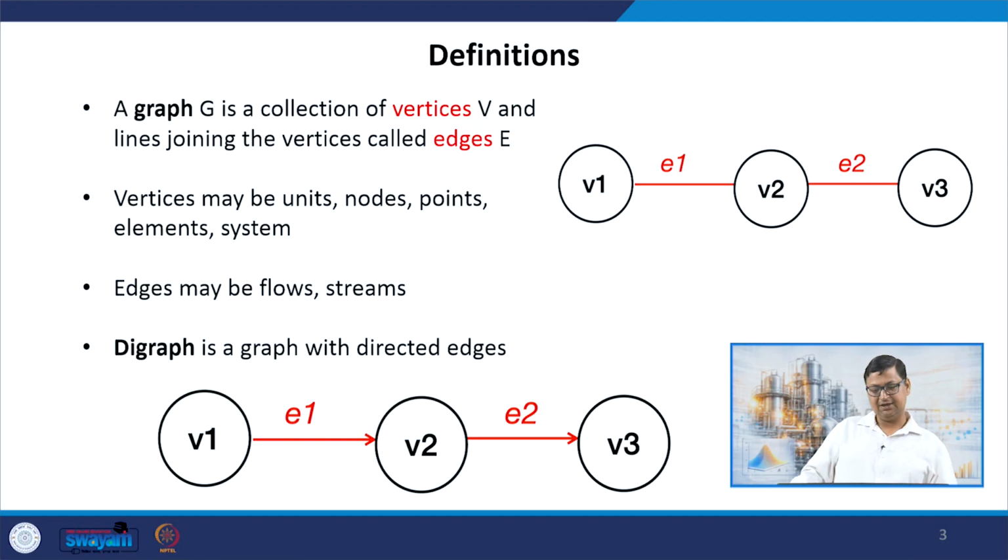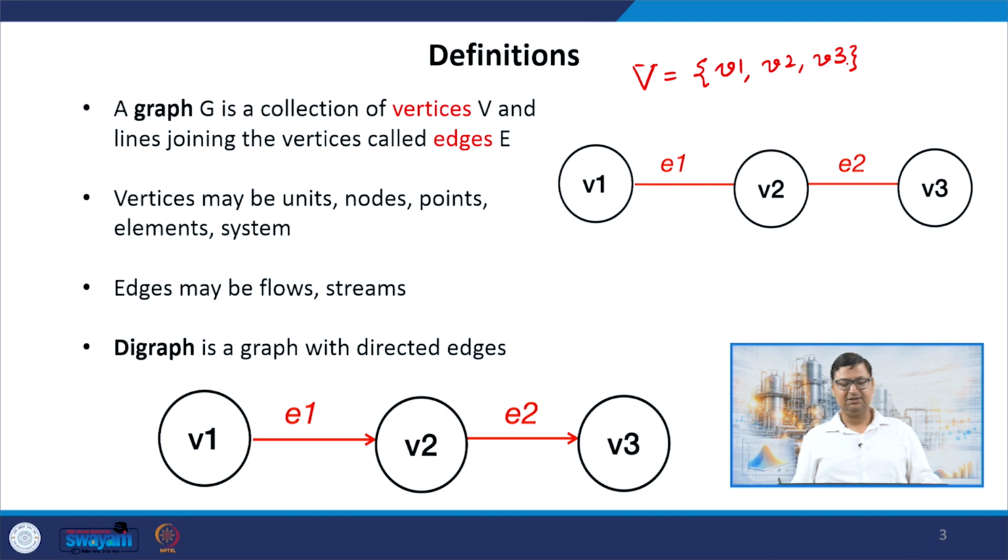All right. So how do we define a graph? A graph, I can call it some G, is in general some collection of vertices V, some kind of a set of vertices we can say. Let us say here V is a set of 3 vertices, V1, V2, V3, and lines joining the vertices which are called edges, and again E is also a set of the edges.